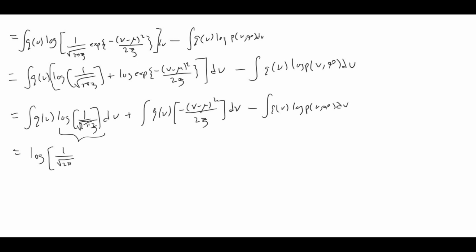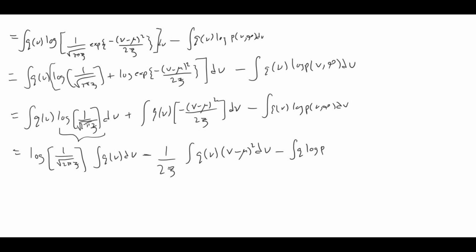So the log of 1 over the square root of 2 pi zeta times the integral of Q nu d nu, plus the integral, and we can do the same thing here. We can take out the terms that don't depend on nu, that's the minus and the 1 over 2 zeta. So we can say minus 1 over 2 zeta times the integral of Q nu times nu minus mu squared, minus this thing here.